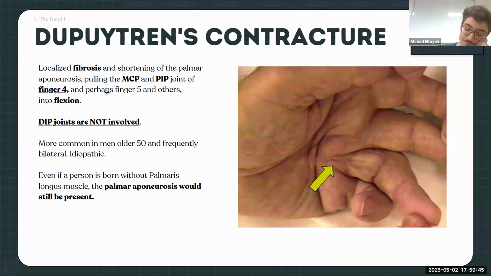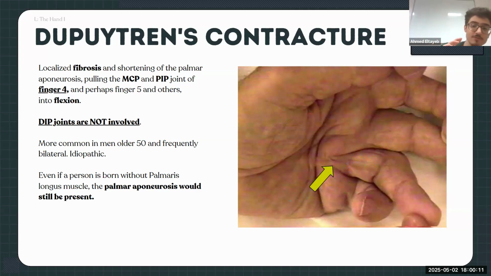You just have fibrosis, which is scarring of the tissue and just stiffening, which will then pull the metacarpophalangeal joint and the proximal interphalangeal joint of the fourth finger, which is the annularis, and it's just gonna, I can't do it, but it's clear on the picture right here, okay? It's just gonna pull it down and flex it and pull it into flexion.